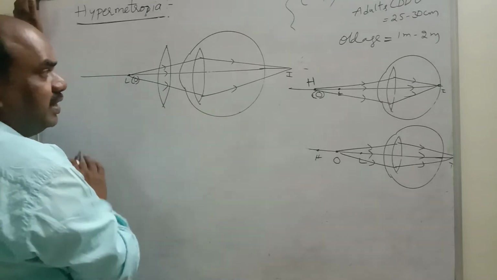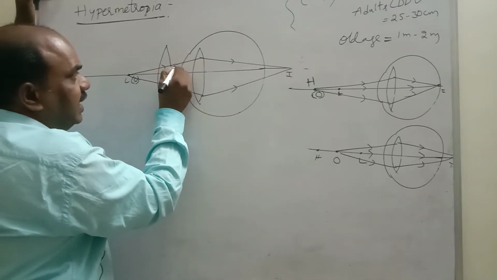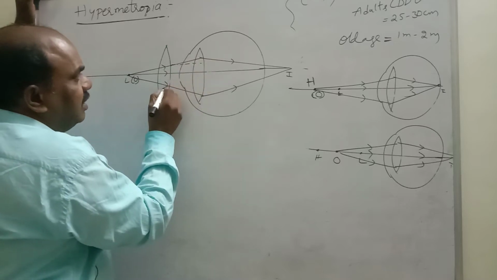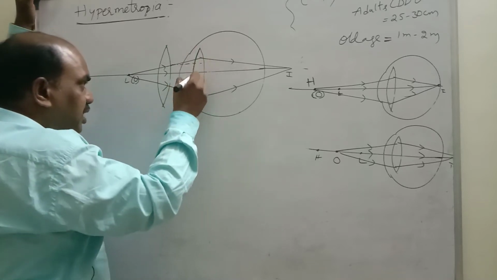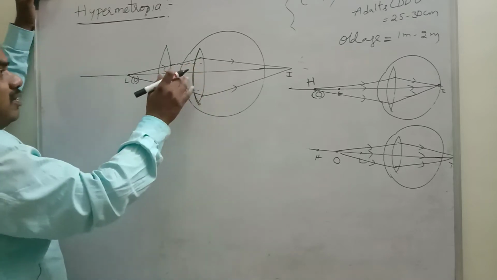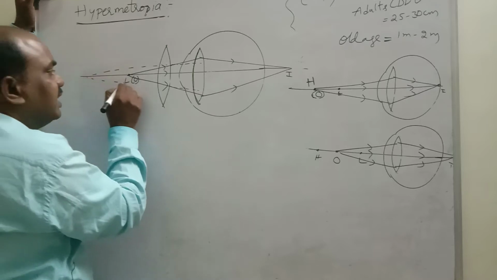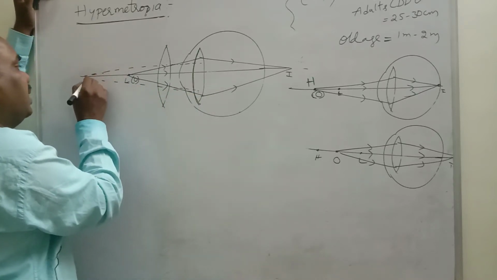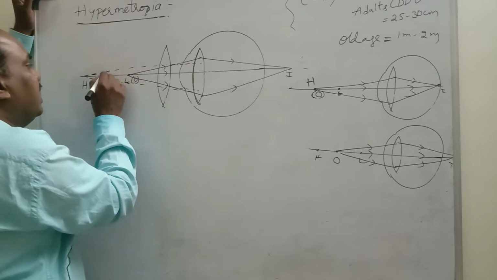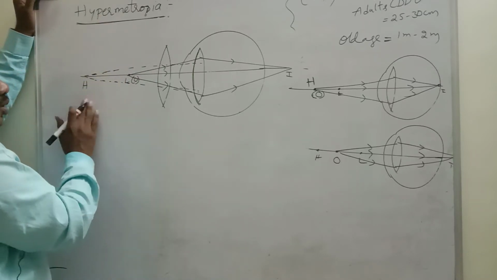If you use a converging lens in spectacles, the rays slightly converge. These converged rays fall on the eye lens, and the rays fall at H. H is nothing but the minimum LDDV. The minimum LDDV of a hypermetropia patient is H. This is also called the near point.